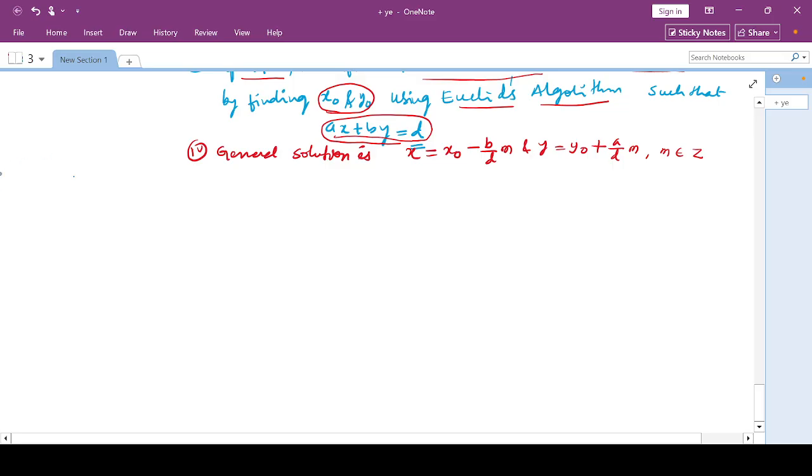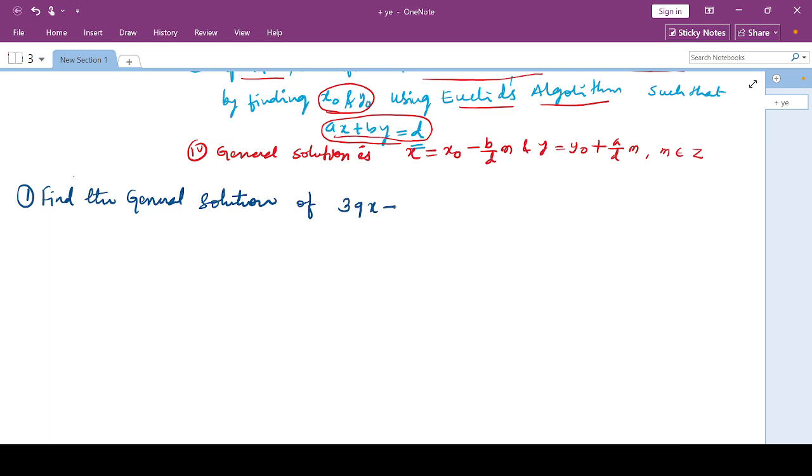Find the general solution of the linear Diophantine equation 39x minus 56y is equal to 11.